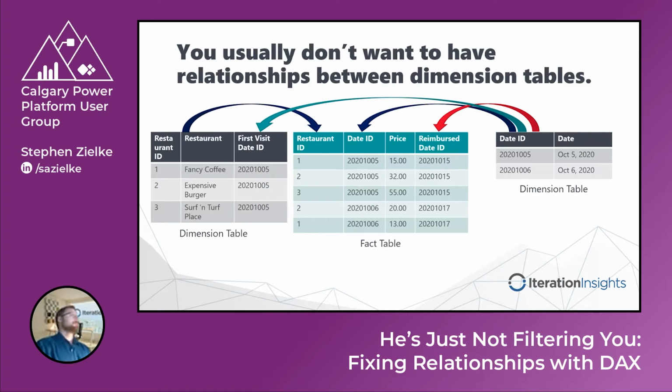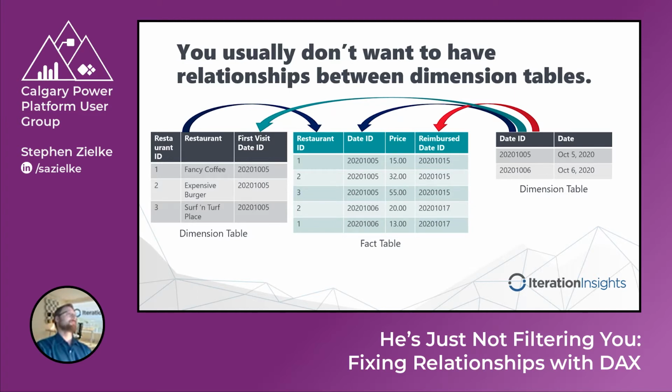And then the third one I wanted to show was just a way to create a relationship between tables that do not have any existing relationships in the data model at all. Neither an active or inactive relationship.